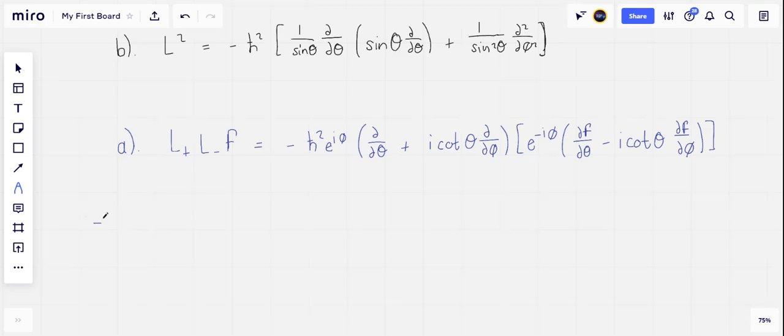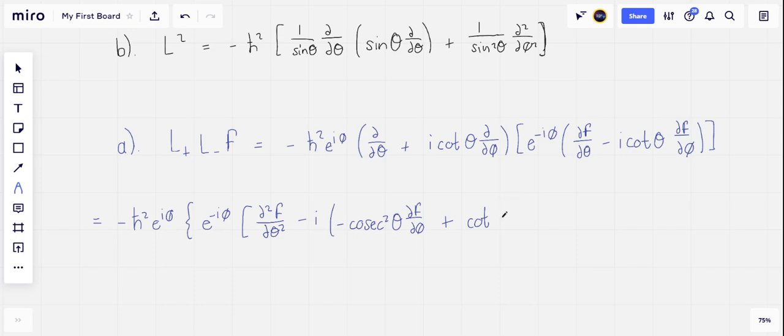So we can write this as minus h bar squared e to the i φ into e to the minus i φ into d2f/dθ² minus i into minus cosec squared of θ df/dφ plus cotan of θ d2f/dθdφ.